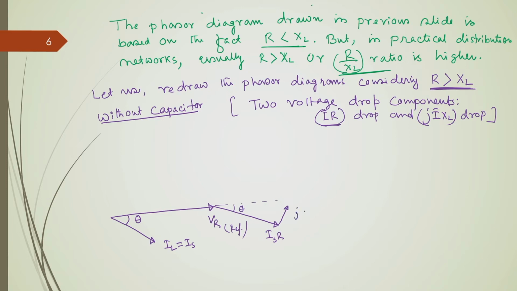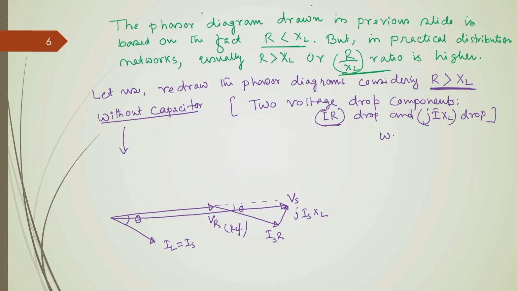This is the drop IS XL. Then the resultant of this will be our VS. Okay. So, that much is the phasor diagram if we consider R is higher than XL. This is case 1, without capacitor.